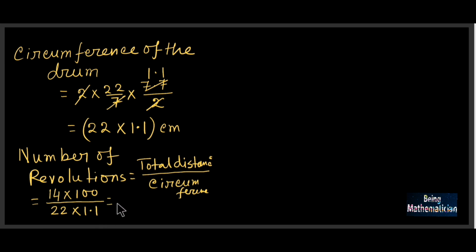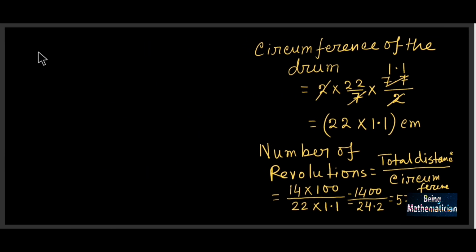Now this is calculated as 1400 by 24.2. So let's divide 1400 by 24.2 and we get 57.851. So we can say this is 58 revolutions. So it is our answer.